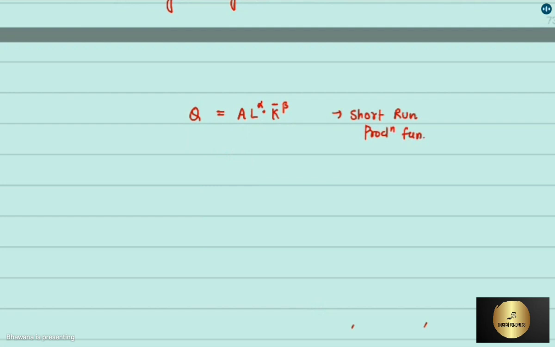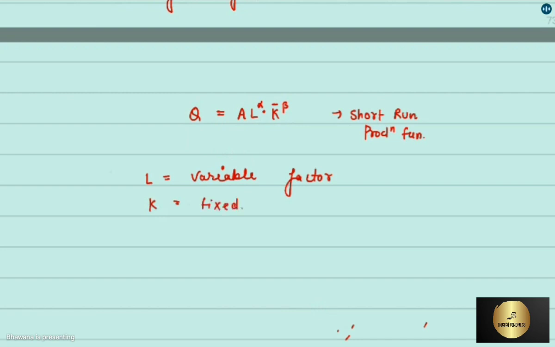In the short run, your capital stock is fixed. You cannot change it, but you can vary the labor input, right? So labor is a variable factor and capital is a fixed factor.